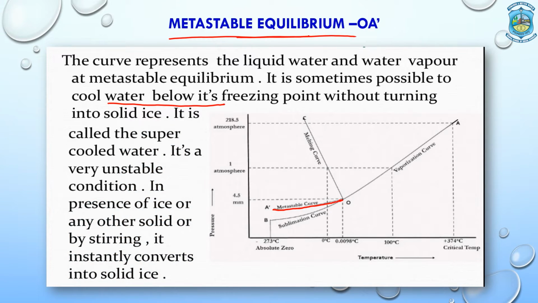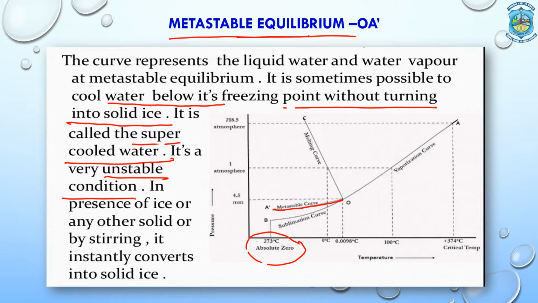We know that on cooling, water will automatically get converted into ice, but at specific conditions, if we cool the water and instead of getting converted into ice, it remains in the liquid state, with its temperature going below the freezing point, then such water is known as supercooled water, and it is a highly unstable condition which is very difficult to maintain.